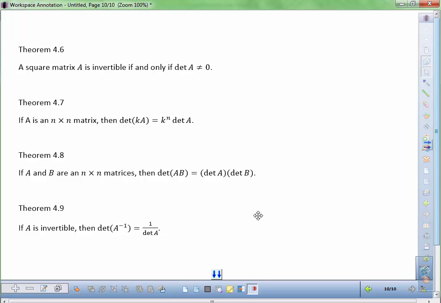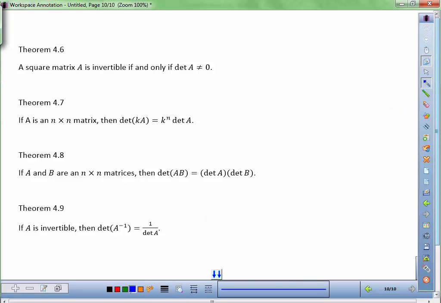So this first theorem over here is going to relate back. Remember that we had that long list, the fundamental theorem of invertible matrices, a long list of properties that were supposed to be proven. Well, here's another one to add to the list. If we have an invertible matrix, then the determinant is not going to be 0. And you notice this if and only if over here.